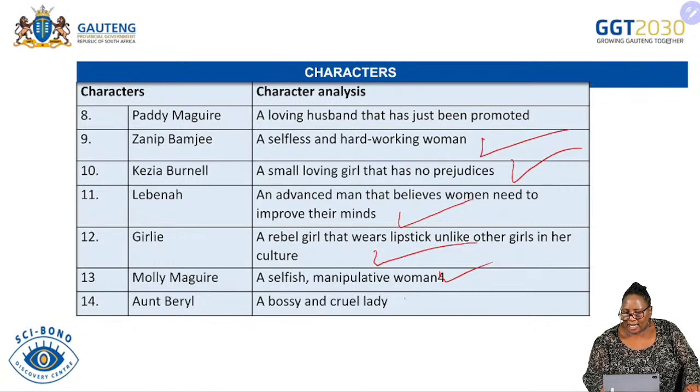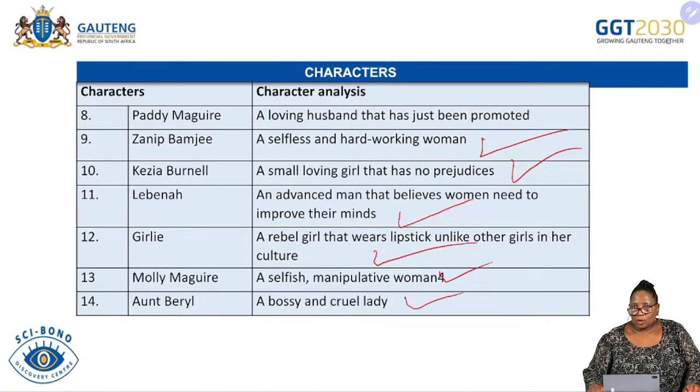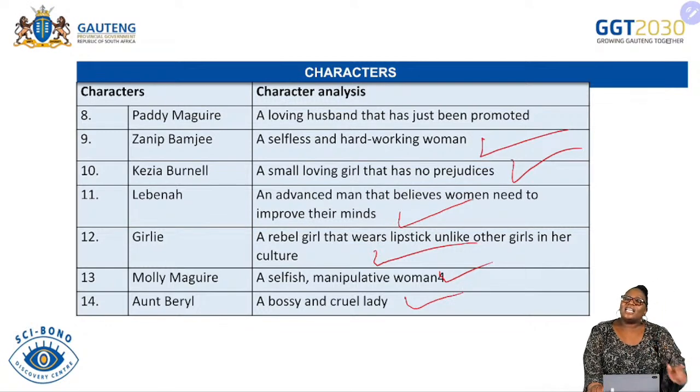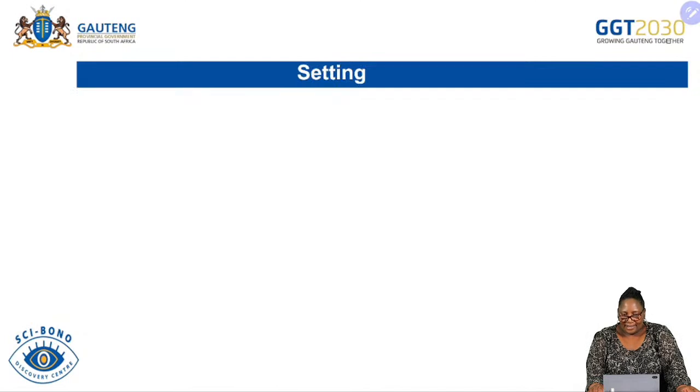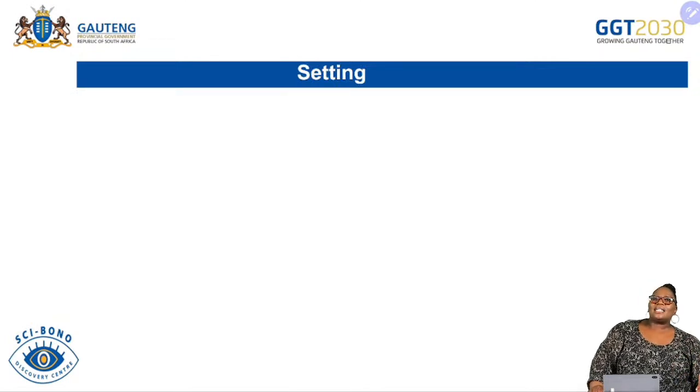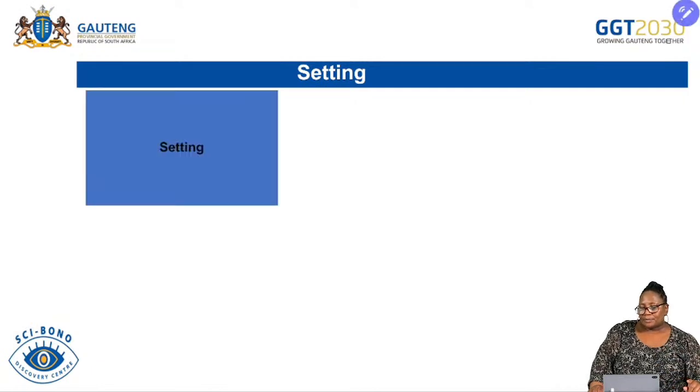Again, from which story? From The Doll's House. So you need to know all your minor characters and your major characters for you to be able to respond to the matching column question with 4 marks.